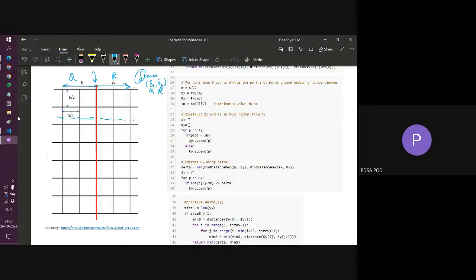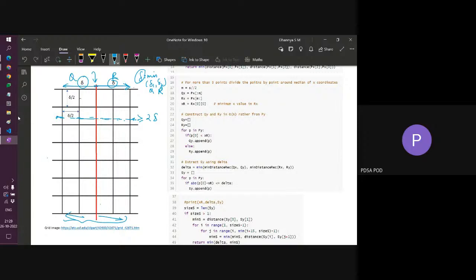All other points which are outside the delta, I do not have to worry about, because if there is some pair that is something like this, it will definitely have a length which is at least 2 delta, because this is the delta, right? You can see that now I'm only looking at this band which is at a delta distance from this middle line.